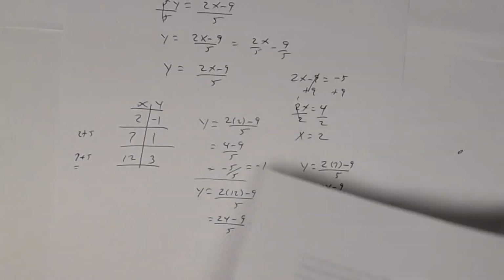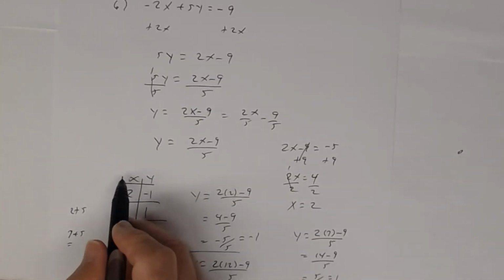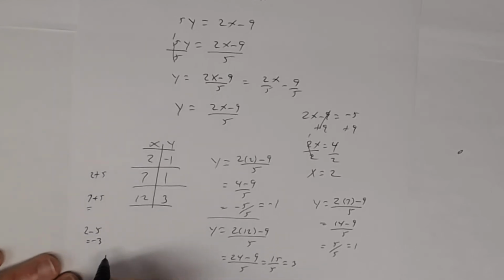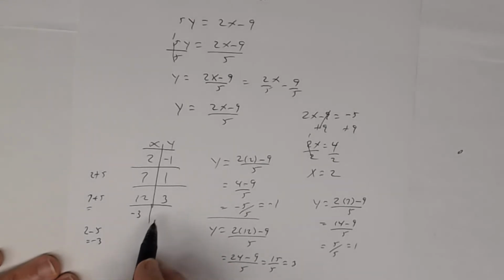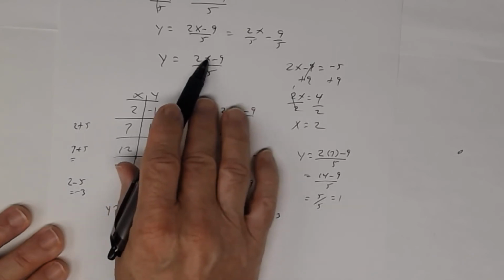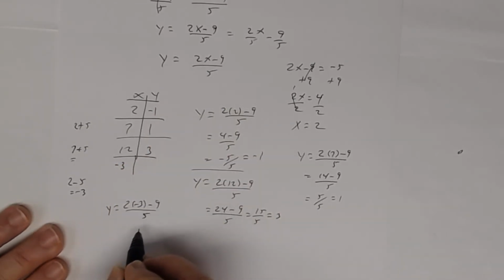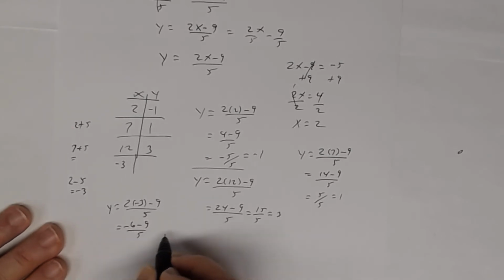Okay, but remember we keep adding 5. But let's do this one. Let's subtract 5 from 2. So 2 subtract 5 is a negative 3. So I'm going to use negative 3. So if x is negative 3, I'm going to get an integer here. Watch. Y equals 2 times negative 3 minus 9 divided by 5. 2 times negative 3 is a negative 6 minus 9 divided by 5.